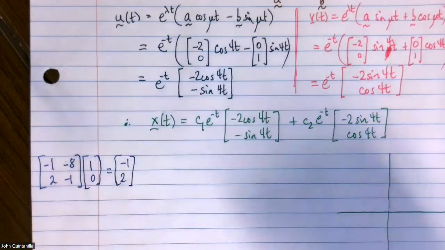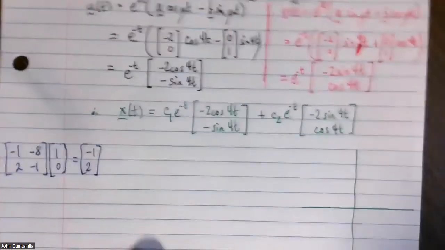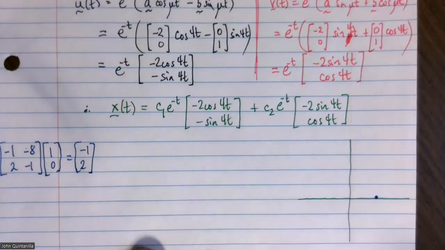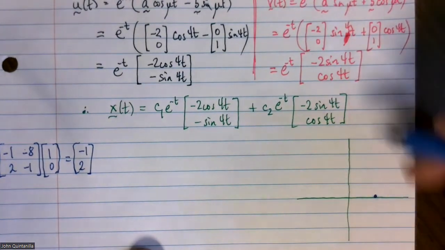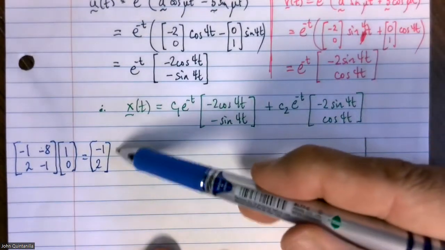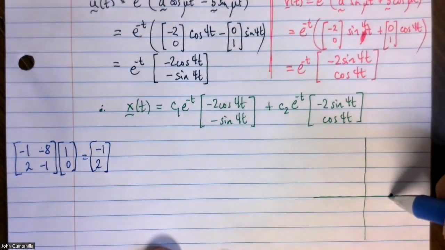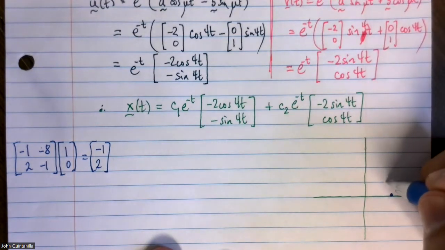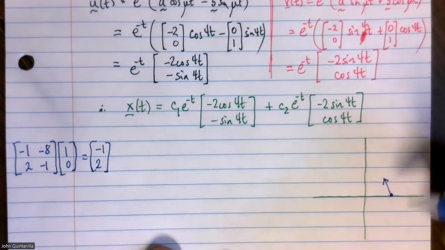In other words, it's just going to be the first column. Now, what that means is that at the point 1, 0, the slope of the trajectory is going to have this direction, -1, 2. So the slope of the trajectory is going to be in this direction.